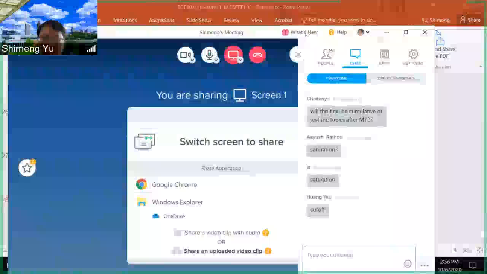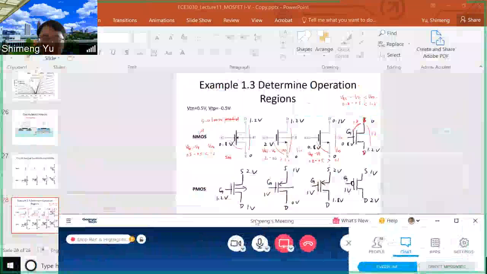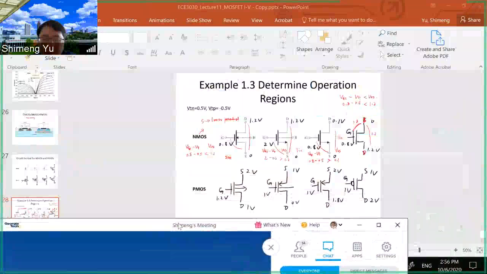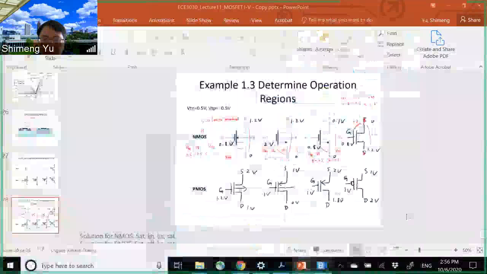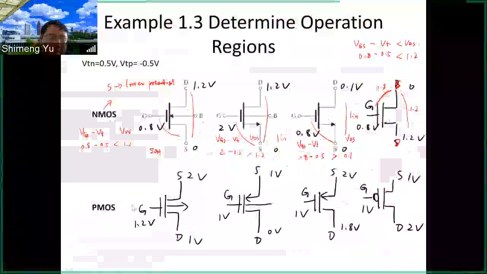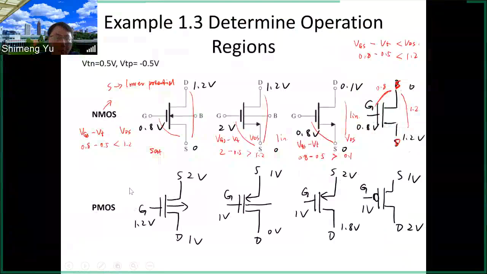Any guess? So PMOS is tricky, huh? But if you recall what we discussed earlier, if you take the absolute values, then the PMOS will be the same as NMOS.